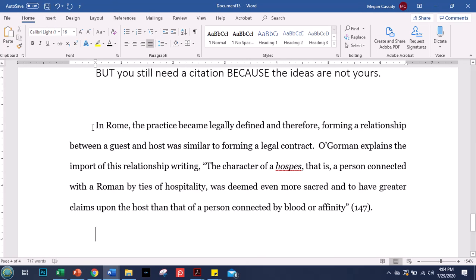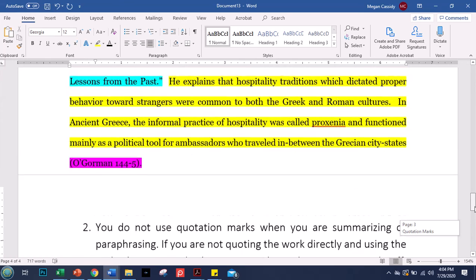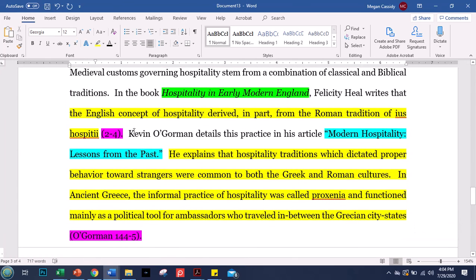So, in Rome, the practice became legally defined, the practice of hospitality. I've been talking about the sentence before. And therefore, forming a relationship between a guest and host was similar to forming a legal contract, O'Gorman explains. Now, I've already introduced his name up here, so I don't need his full name and I don't need the title of the article because I've already done that part of the attribution.